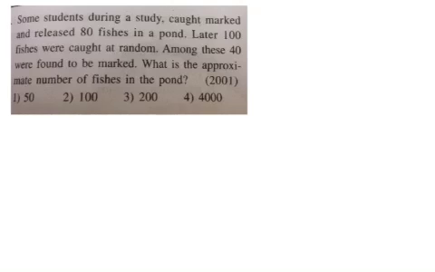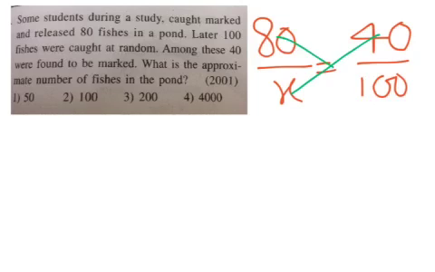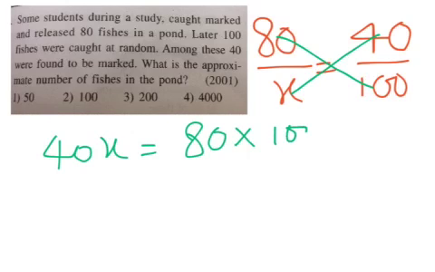There is another method to do a similar kind of problem. That is a very simple method. 80 by X. X means we don't know the total population, that's why we made it X. And the marked and recaptured are 40 out of 100. So simply what we do here, we use a basic mathematical principle that 40x equal to 80 into 100.